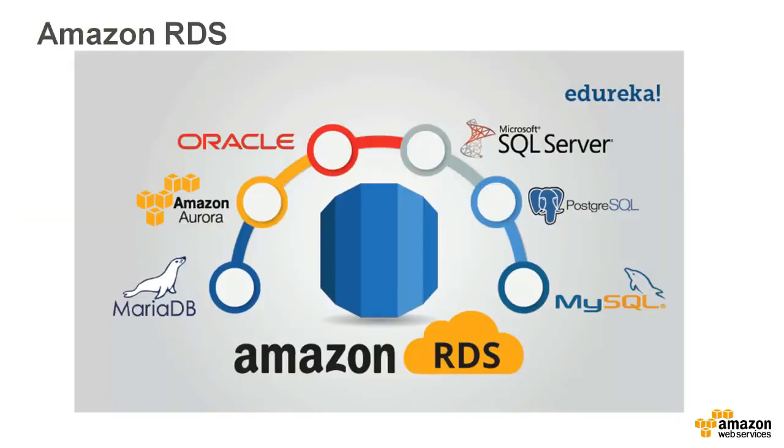So these are the services or database options that you get: MariaDB, Amazon Aurora, Oracle, Microsoft SQL Server, PostgreSQL, and MySQL. You can also create multiple databases at the same time of different vendors and build an integrated solution almost in minutes of time.